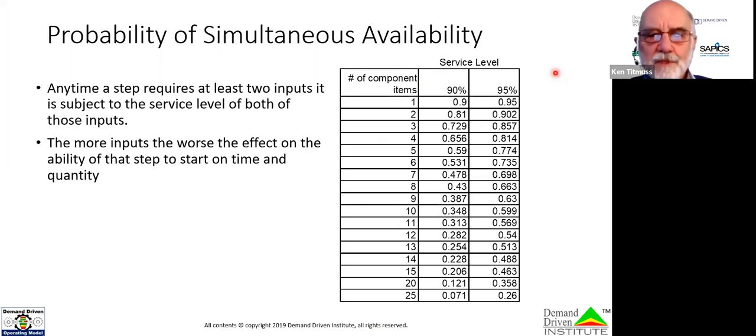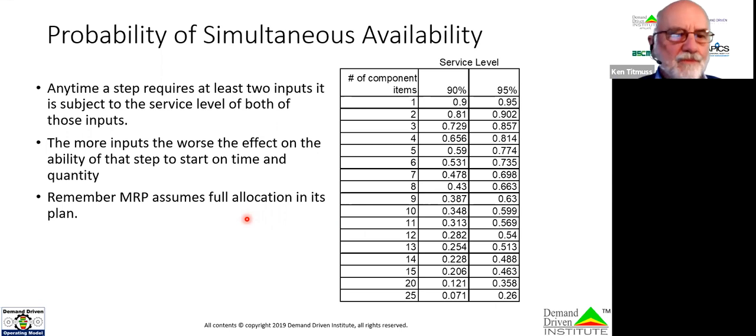Even with a 95% service level, you've only got a 26% chance of putting that together. And sometimes subassemblies have many more components than that. Just take a motor car that has 5,000 components in it. You're going to end up with a big problem there.